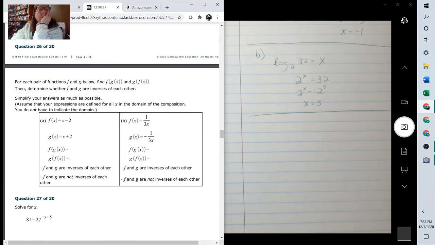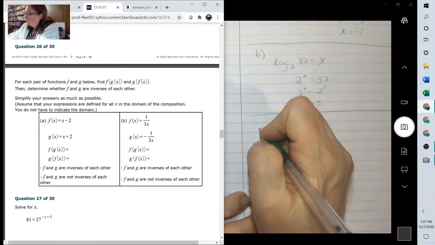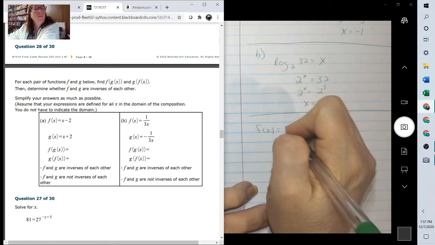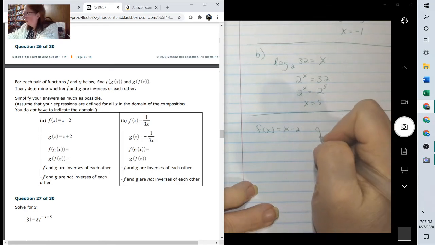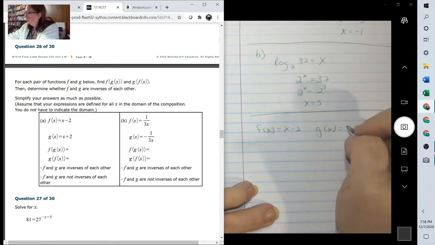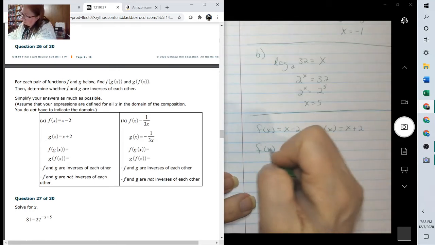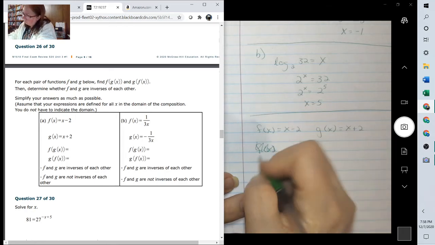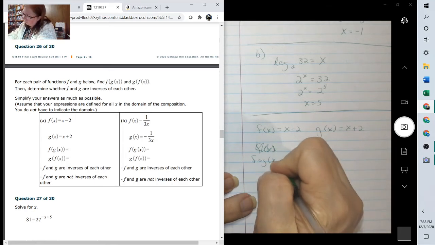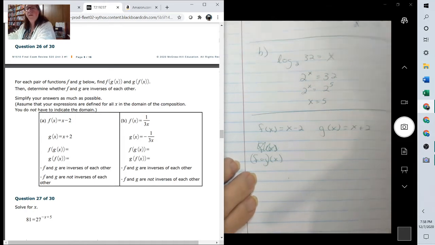For each pair of functions below, determine whether f and g are inverses of each other. Okay, to be an inverse of each other, when you plug one into the other, you need to get x back. So the first one, f of x equals x minus 2, and g of x equals x plus 2. We want f of g of x.